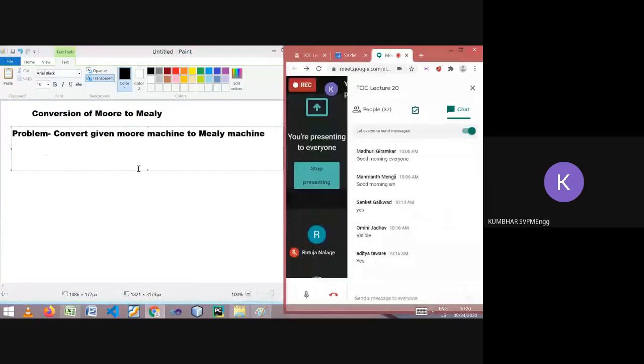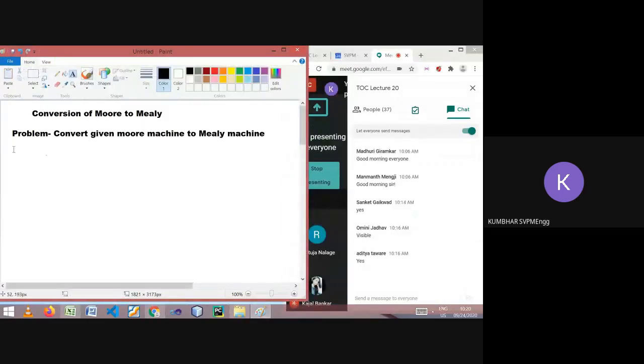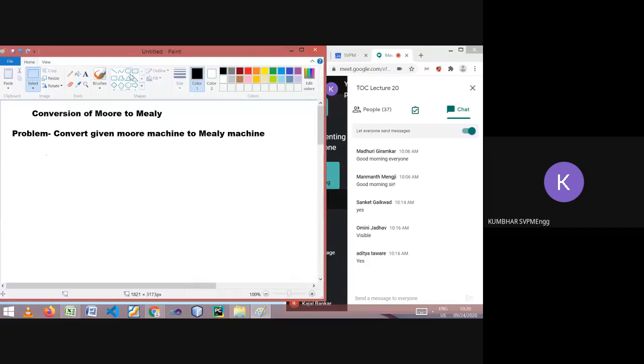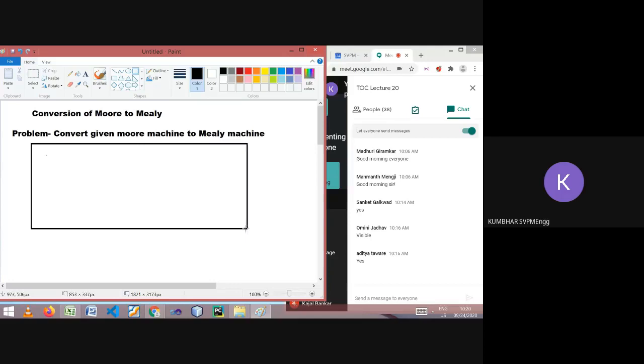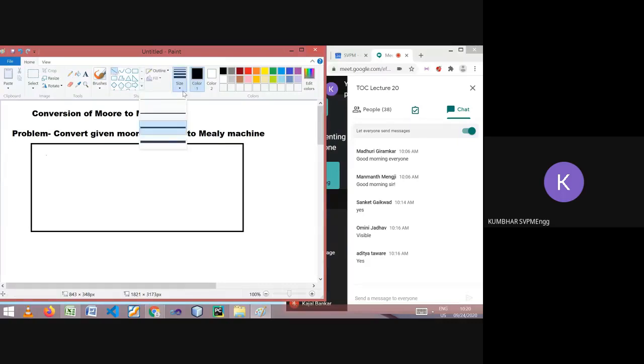Okay. So let me draw that given Moore machine. Again, it is given in tabular form. So let me draw that table, which is the given Moore machine. This first column is for present states, then next state, and the last is the output.